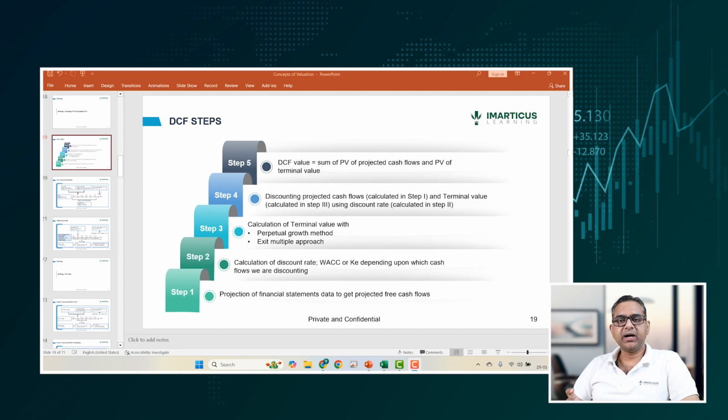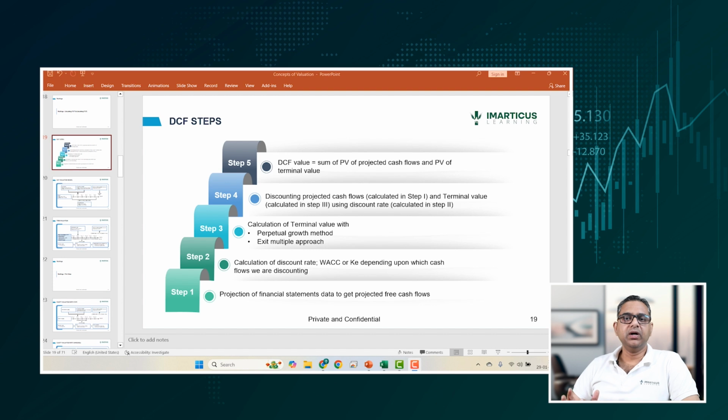So that period, from the end of the explicit forecast period till infinity, the company is still working in that period, growing at a stable growth rate. That value is captured through terminal value, right? So whatever cash flows the company is going to generate after the explicit forecast period, the present value of all those cash flows is the terminal value.